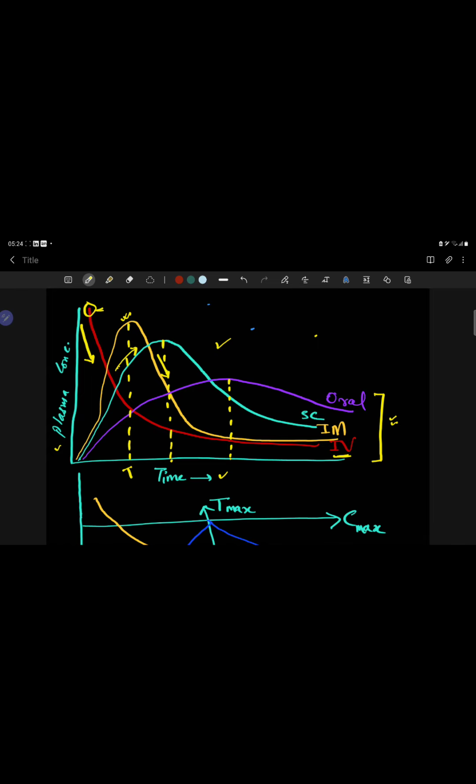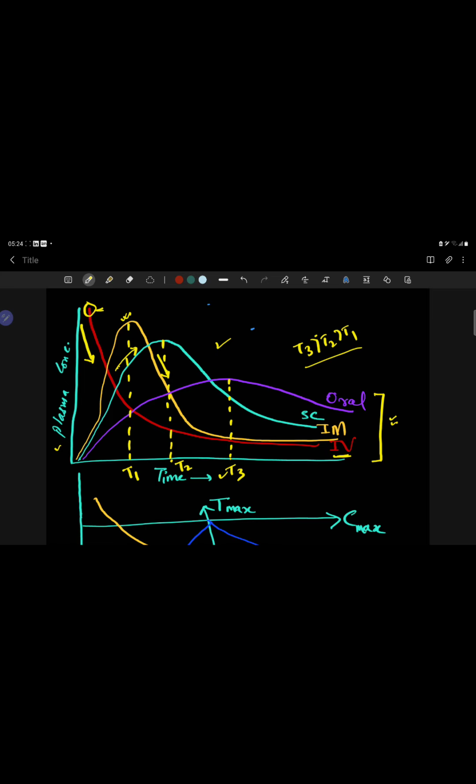This is the Tmax for IM, this is the Tmax for subcutaneous, and this is the Tmax for oral. So we can see that T3 is more than T2 is more than T1, means the time taken to reach the maximum plasma concentration for different routes can be compared, right?